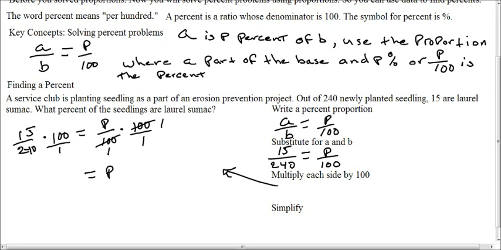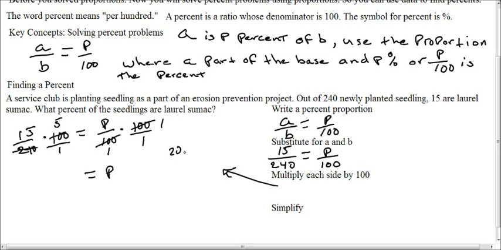We can use 20. Let's just use 20 for the sake of dividing. If we divide both 240 by 20 and 100 by 20, we'll get 5 here, and here we will get, and we'll just go over here off to the side because I want you to see what I'm doing.